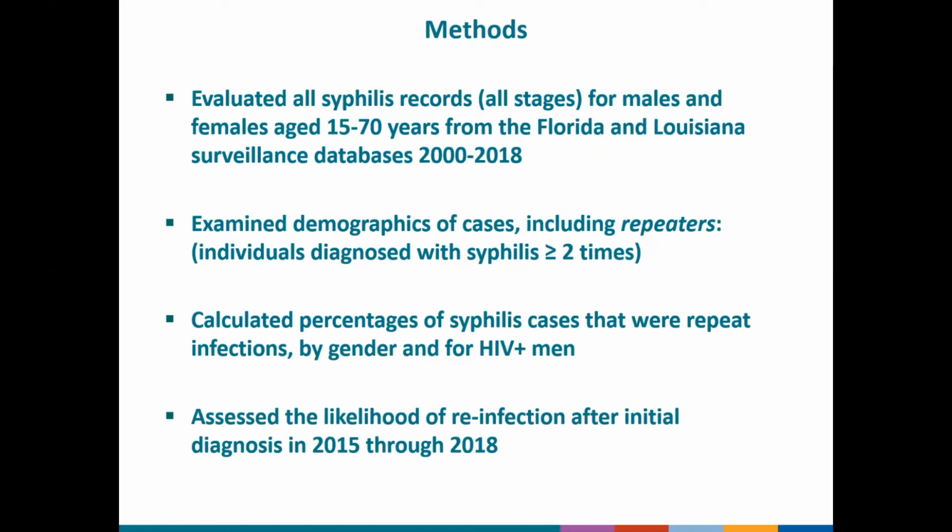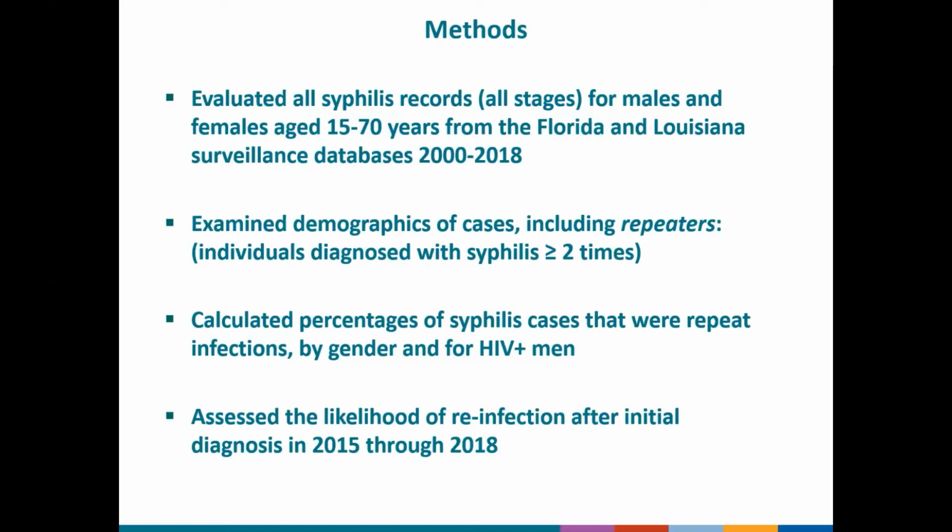And we calculated the percentages of cases that were repeat infections by gender and HIV status. We also did a sub-analysis looking at individuals that became infected in 2015 for the first time to see how many became reinfected by 2018.